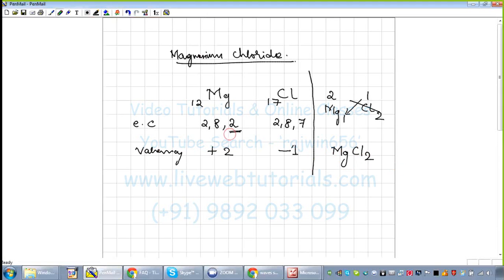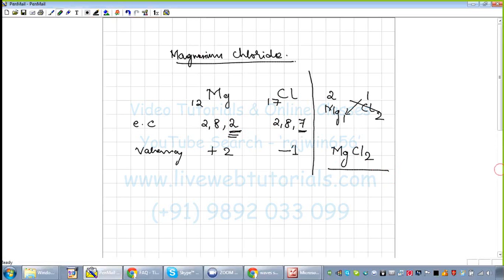Now magnesium can donate 2 electrons, but chlorine can take only 1 electron. So there will be 2 chlorine atoms, and the 2 electrons of magnesium will be given to 2 different chlorine atoms. So that's why the formula becomes MgCl2.